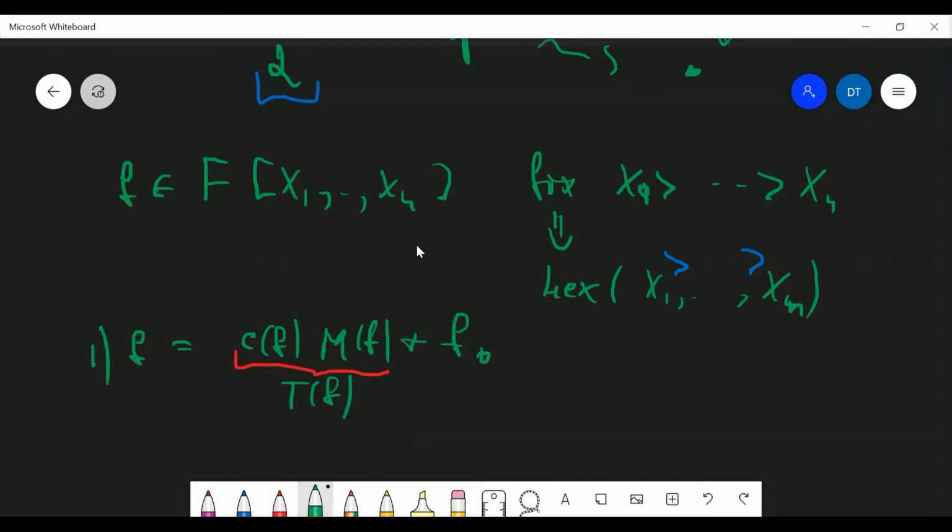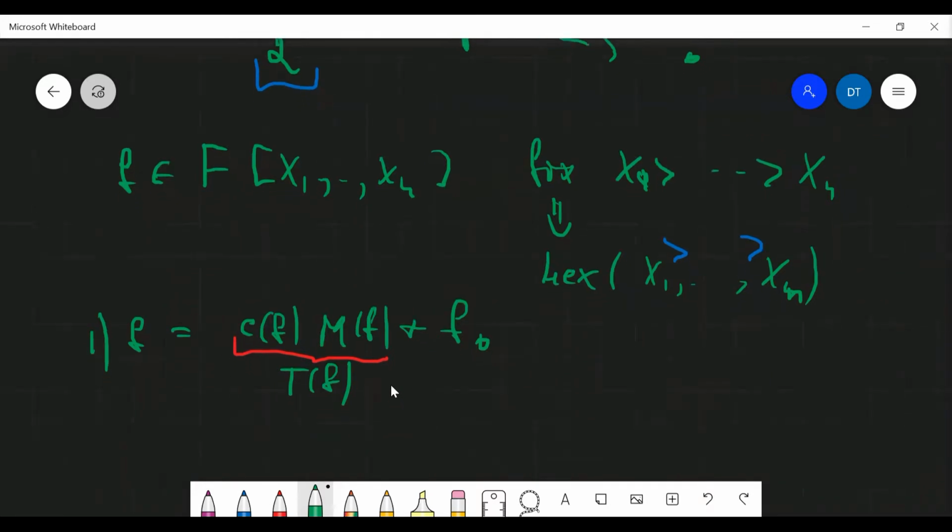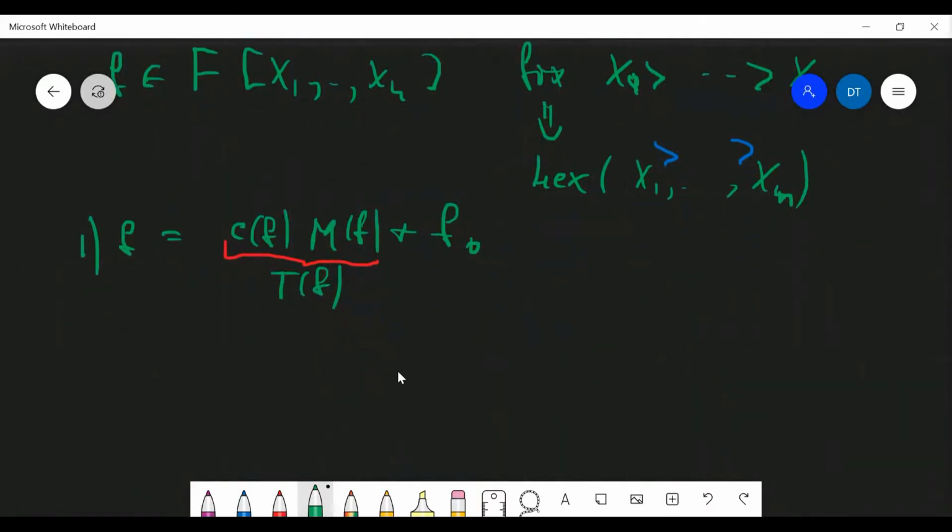I use the index 1 here to specify that this is the first largest coefficient, the first largest monomial, and the first largest term. But when I use this notation without the index, I mean just the highest possible one. So this is just an abuse of notation. I hope it is clear.